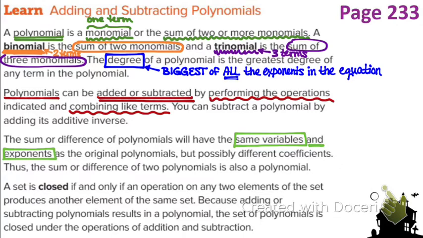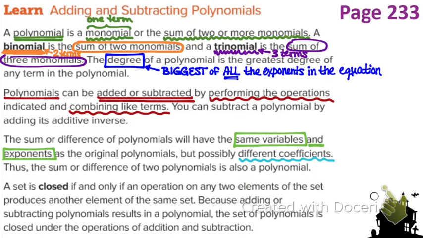If I am adding and subtracting, what's the only thing that can change? My coefficients. What are coefficients? The number beside my variable, the numbers in front of my variables. Those are allowed to change. The letters can't change. The powers can't change.